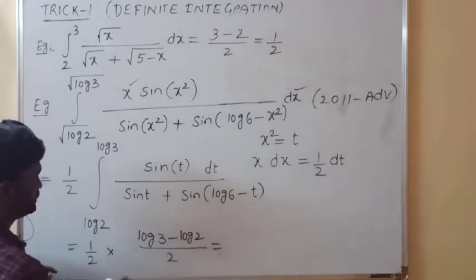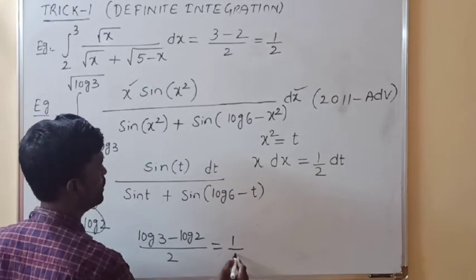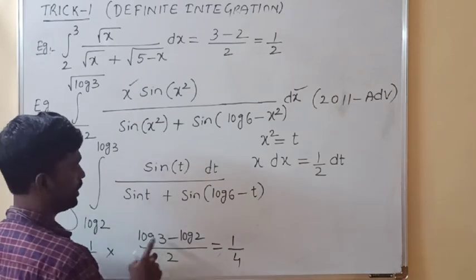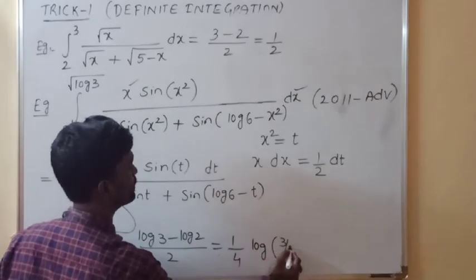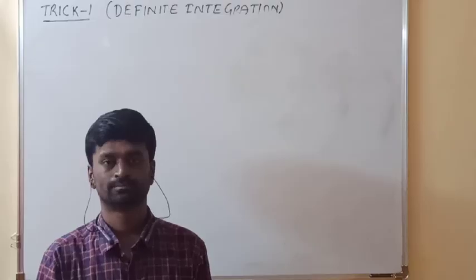So that is equal to 1 by 2, here also divided by 2. What do you get? 1 by 4, 1 divided by 2 into 2. Log 3 minus log 2 is what? Log of 3 by 2.